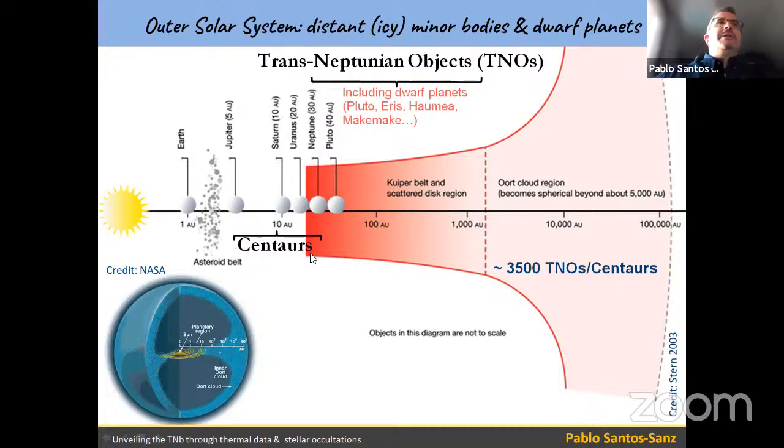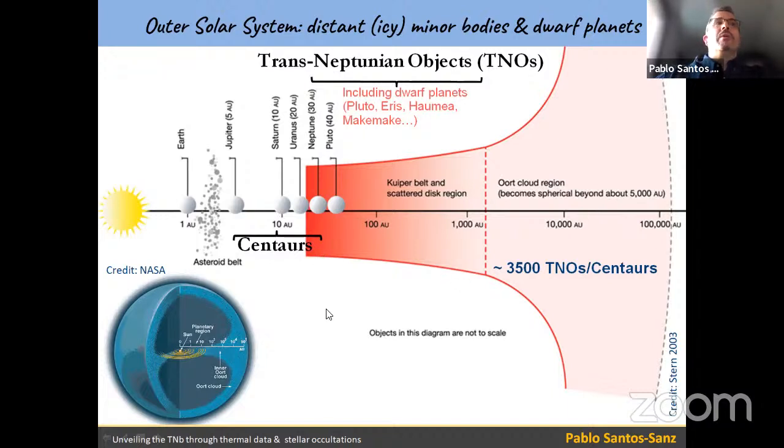I'm also interested in the centaurs, which are related to the trans-Neptunian objects and are transition objects with an orbit with a semi-major axis between Jupiter and Neptune.